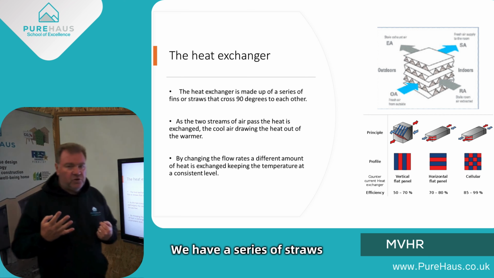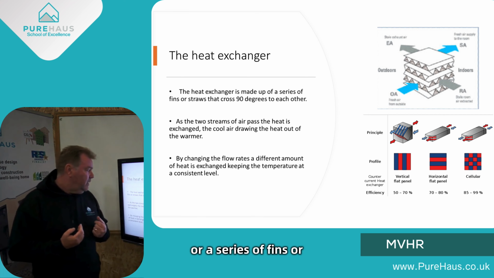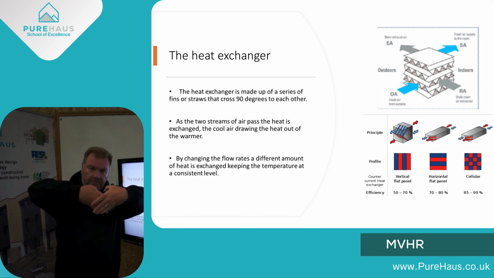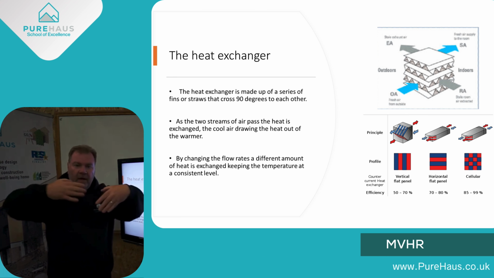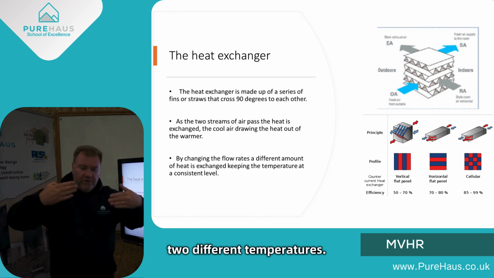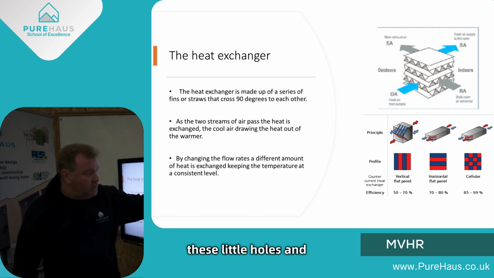We have a series of straws or a series of sort of fins which crosses at 90 degrees to each other. And that way we have airflow in two different directions, two different temperatures. And as it crosses, it goes through these little holes.